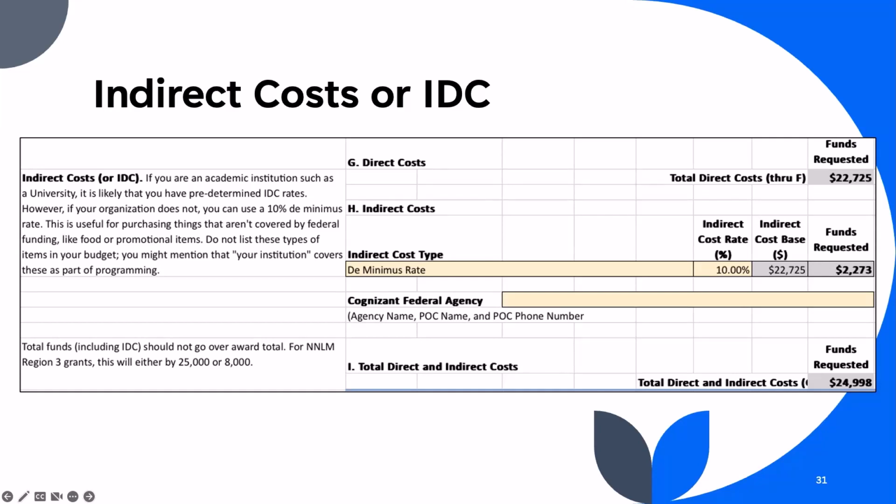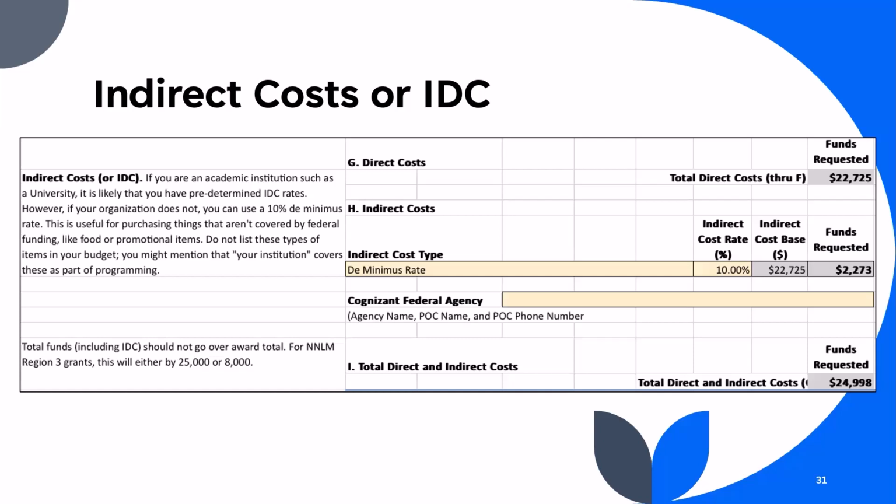All right, so you can see here that for our award, we were aiming to make an example that was filling out an application for our $25,000 award. You can see that we worked really hard to get as close as we possibly could to the 25,000. But what you have to account for is that for our awards, the 25,000 includes the totals of both the direct costs and IDC costs combined.